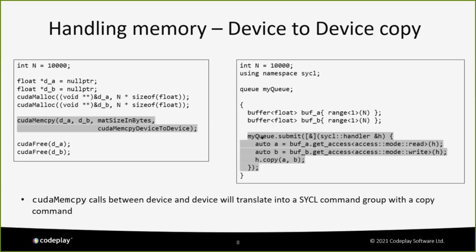In SYCL, we have to submit a command group to a queue, get the accessors from the buffers that we want to copy. Here we have access mode read for buffer A and access mode write for buffer B, since we're copying from buffer A to buffer B.